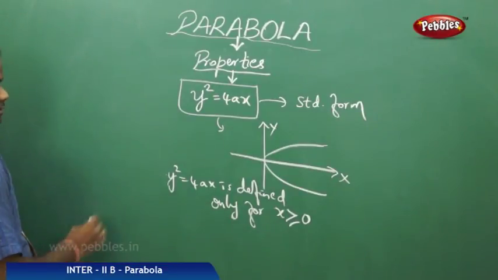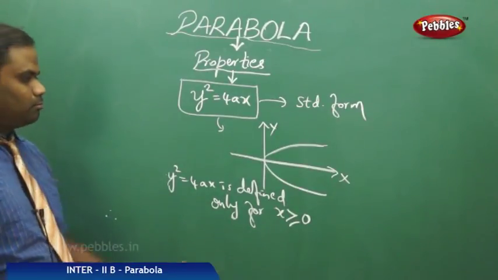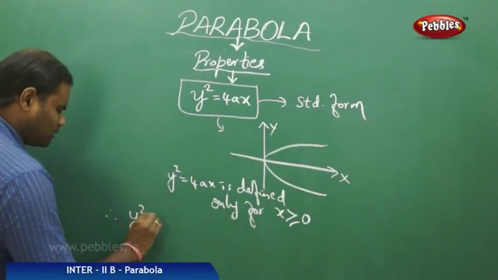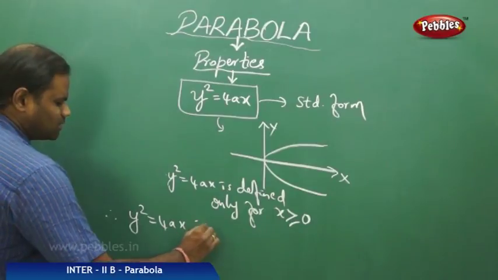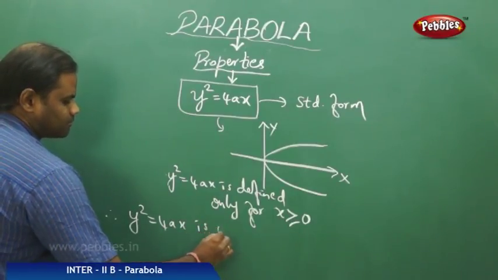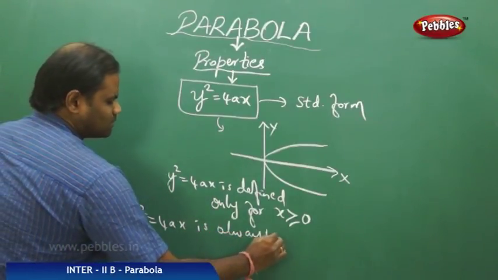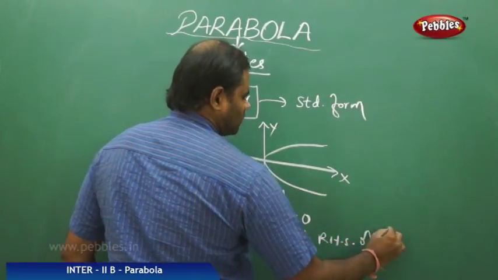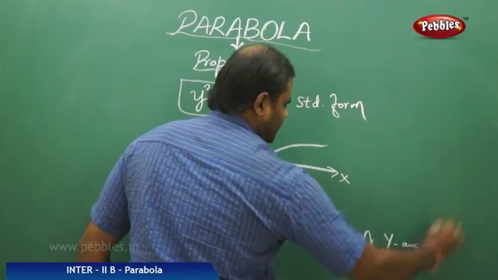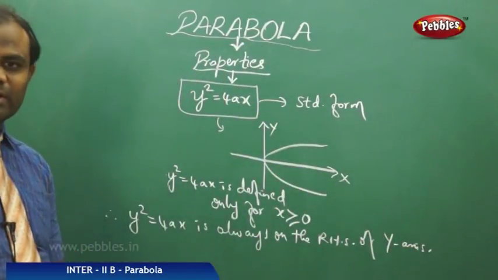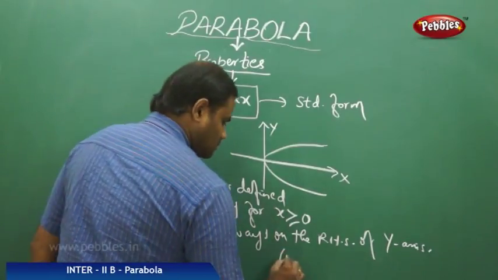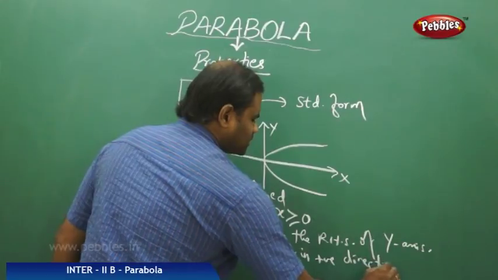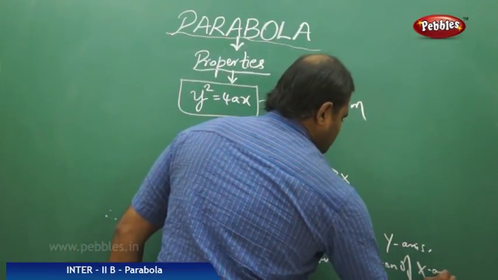Therefore, the first property which I identify in case of parabola is that y squared equal to 4ax is always on the right hand side of the y-axis, or in the positive direction of x-axis.